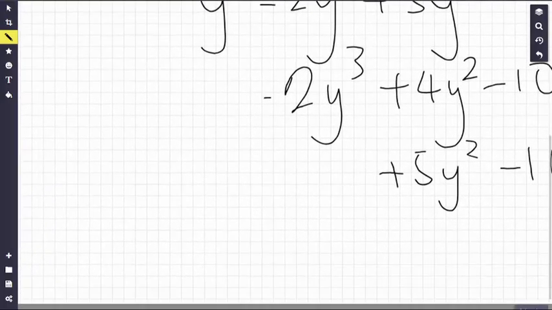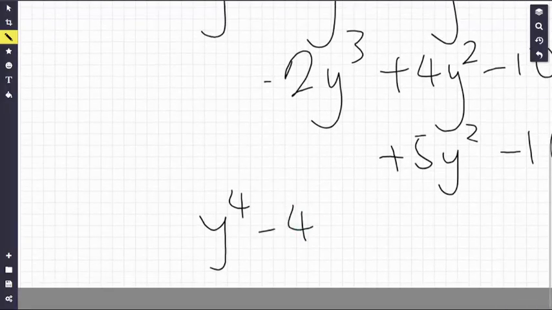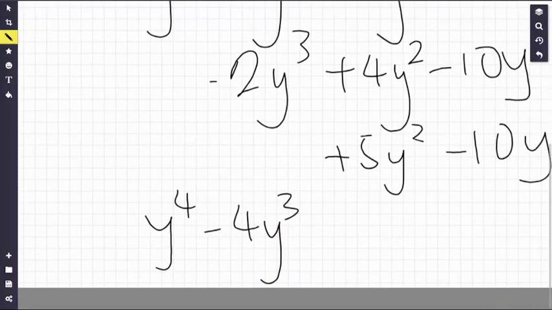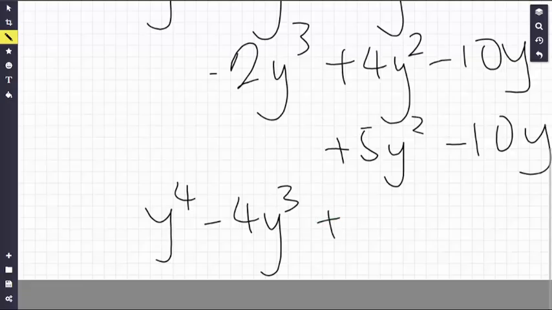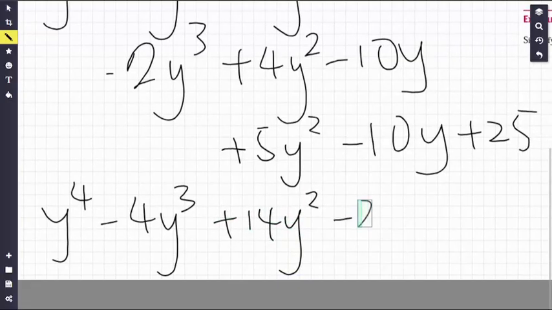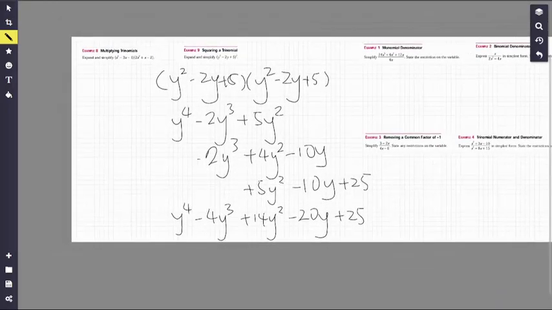And then we drag that out down here. That's going to be y^4 minus 4y^3 plus 14y^2 minus 20y plus 25. And that is our answer with 5 different terms.